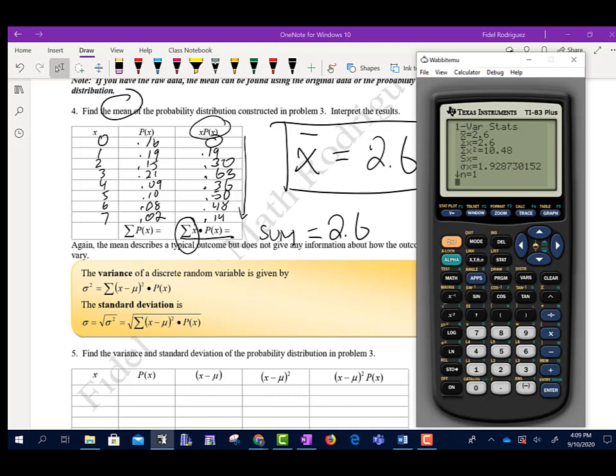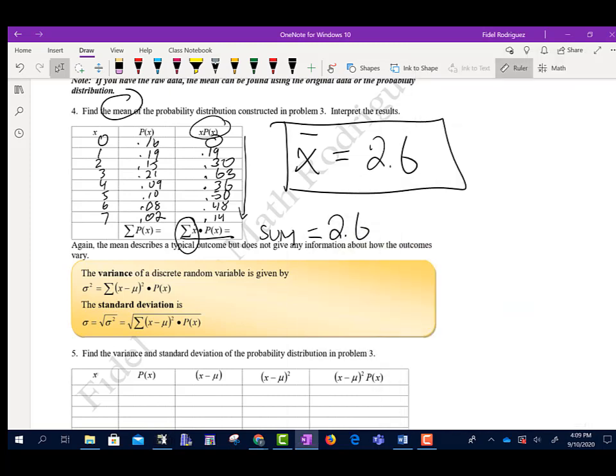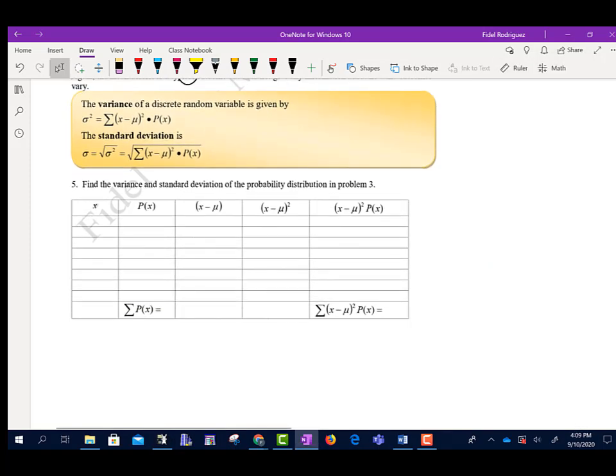All right, we're going to find our standard deviation. Here's my standard deviation. In the problems we've been doing, standard deviation usually asks for one decimal place, so my standard deviation would be 1.9. Then my variance is my standard deviation squared.